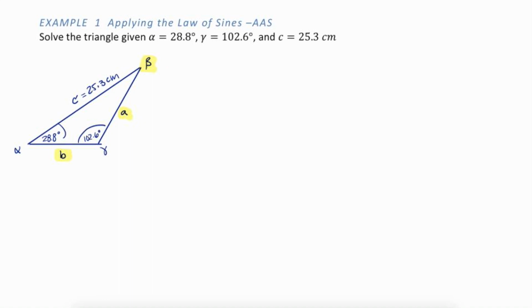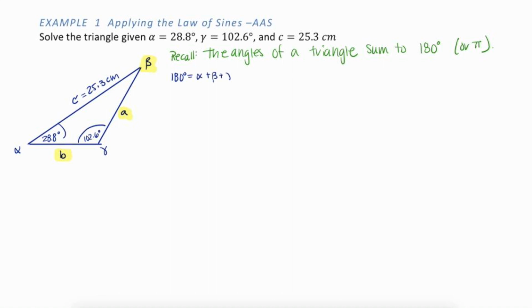Beta is the easiest piece of information. Recall, the angles of a triangle sum to 180 degrees, or pi radians. This tells me that 180 degrees equals alpha plus beta plus gamma. So let us solve for the unknown angle, which is beta.